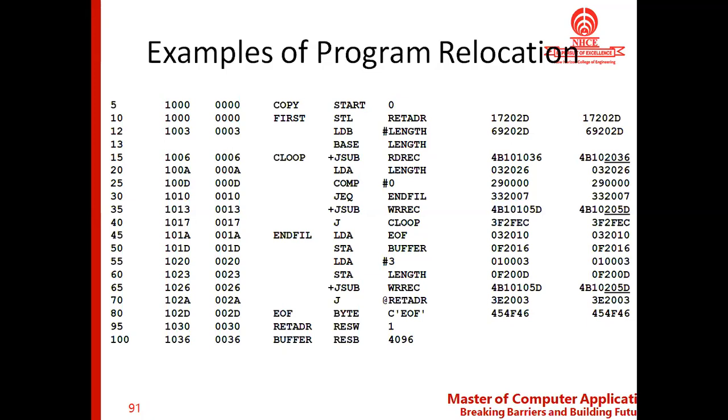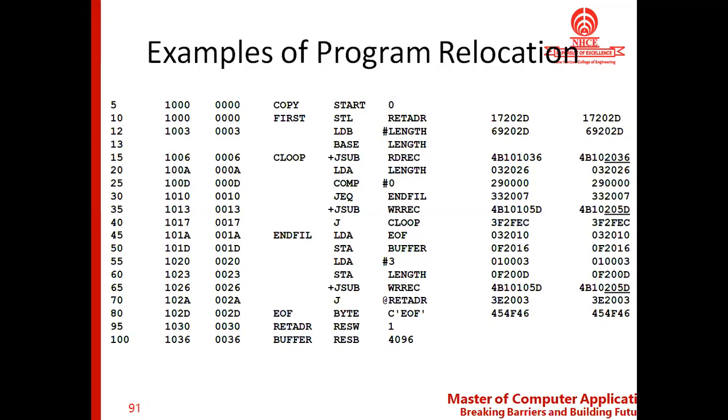In the 6th location, we have the object code 4B. This particular instruction will take 4 bytes, because this instruction follows format 4. So we have byte 1, byte 2, byte 3 and byte 4.